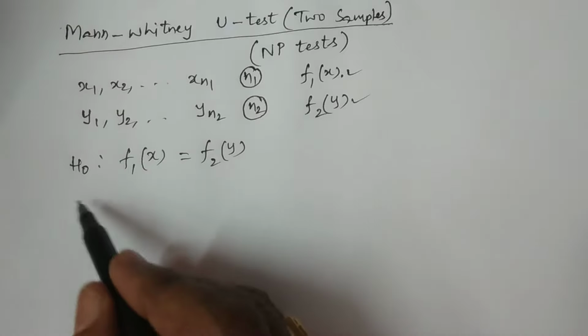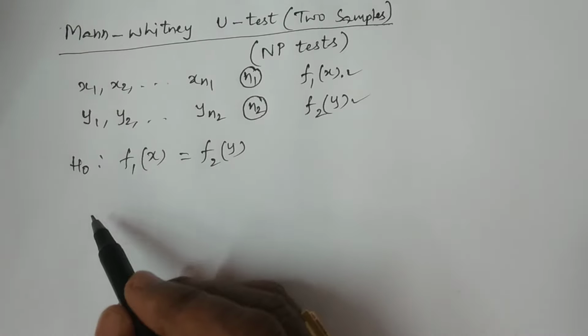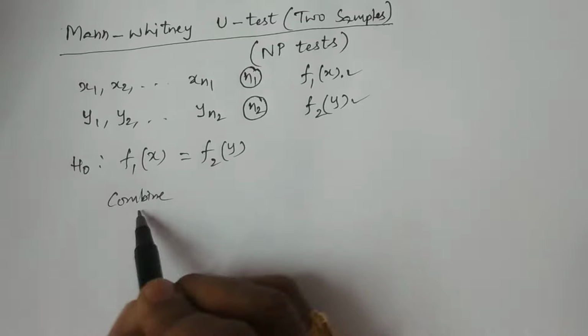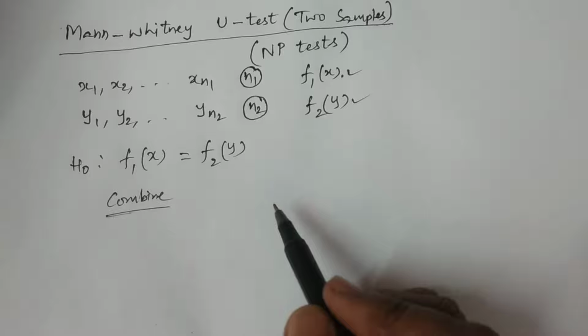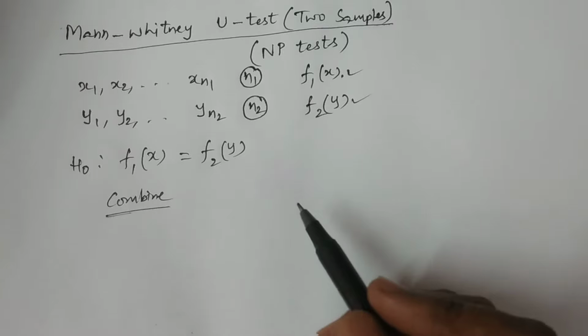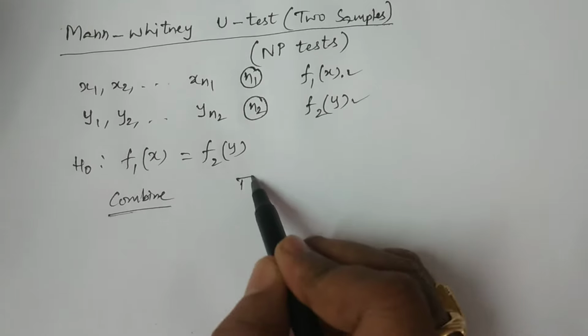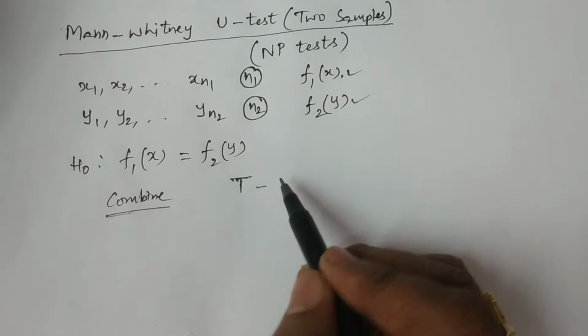So to test H0, what do we have to consider? First of all, you have to combine the two samples, and let T denote the sum of the ranks of the second series. So T is the one particular statistic to be considered.